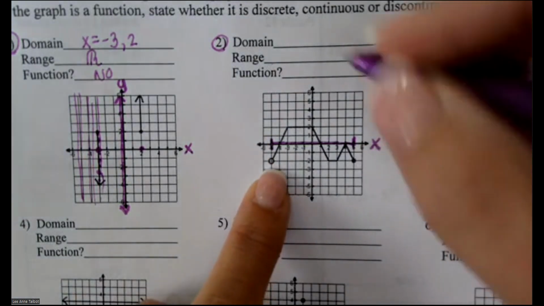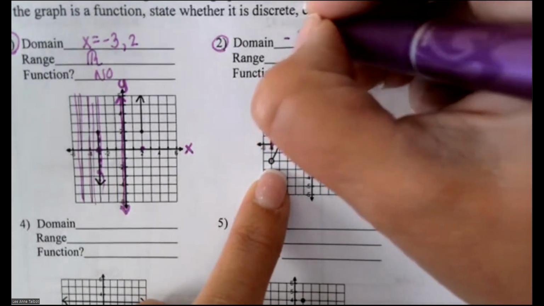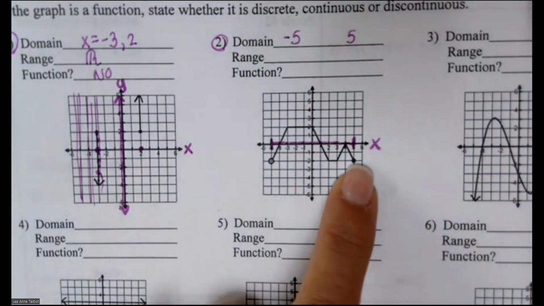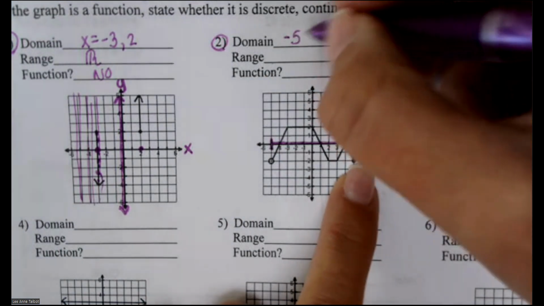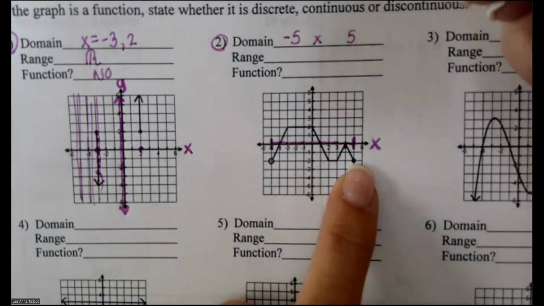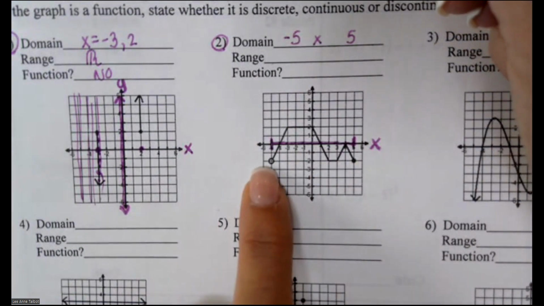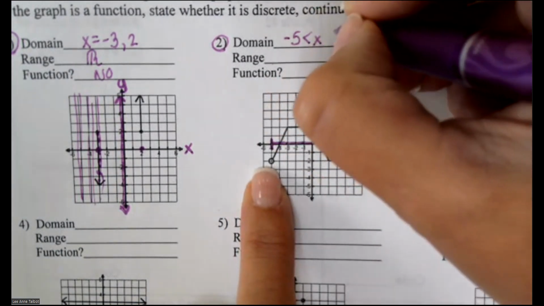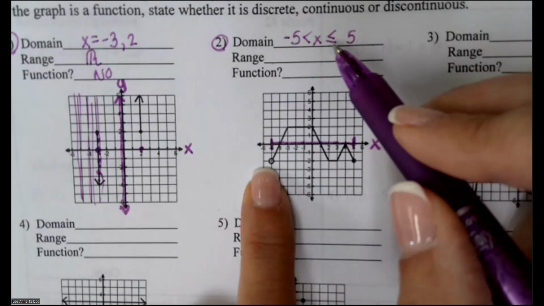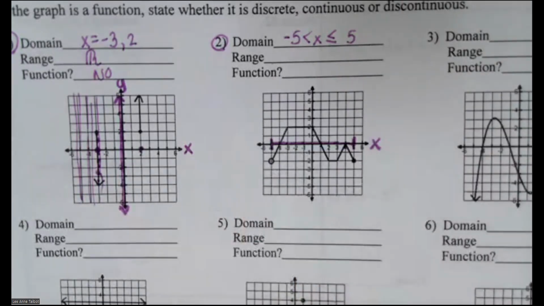My leftmost point is -5, and my rightmost point is 5. Because it's x's, I'm going to put an x in the middle, see if this starts to come back to you a little bit. The left side is open. The right side is closed. Open, closed.